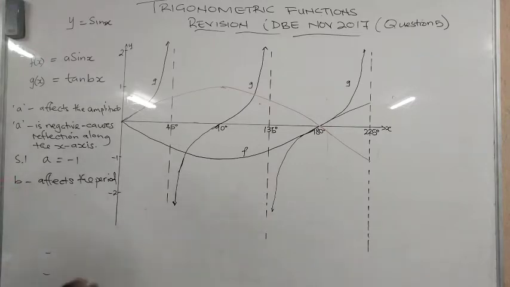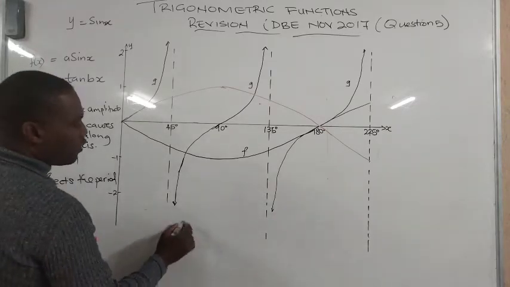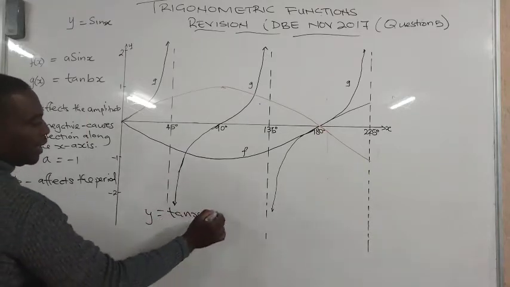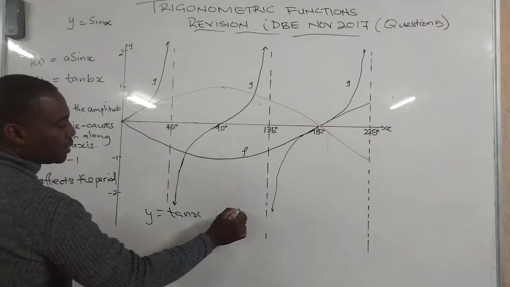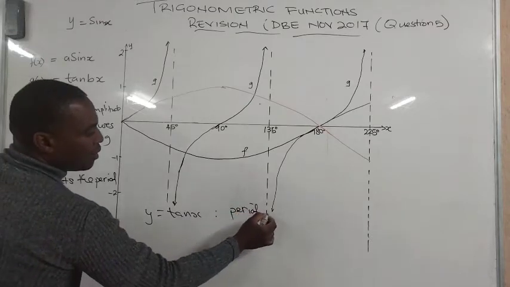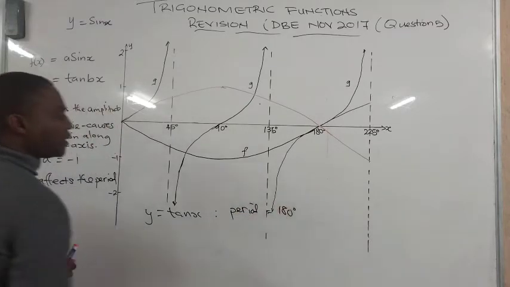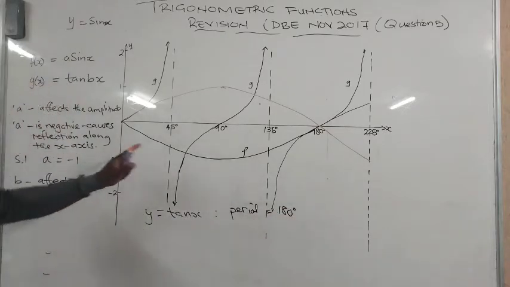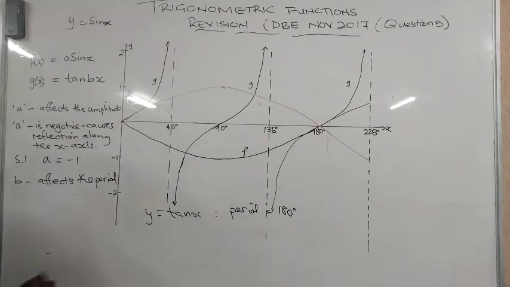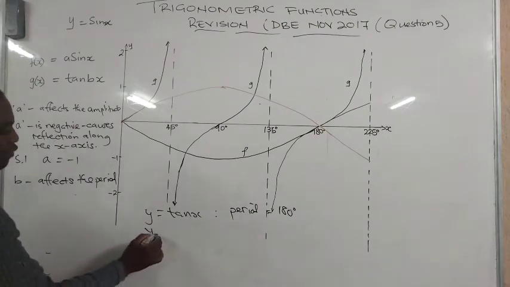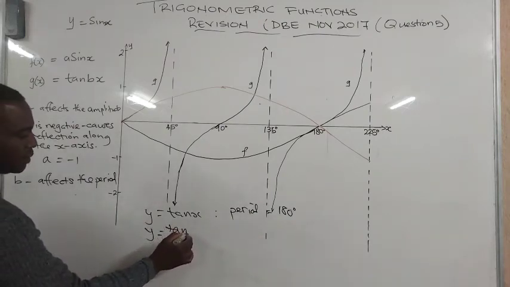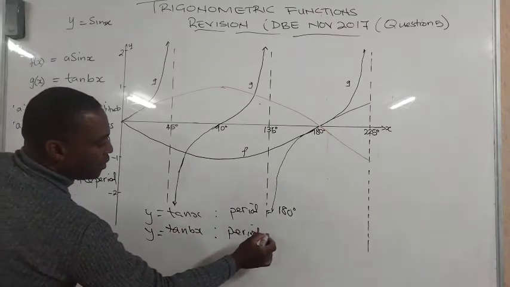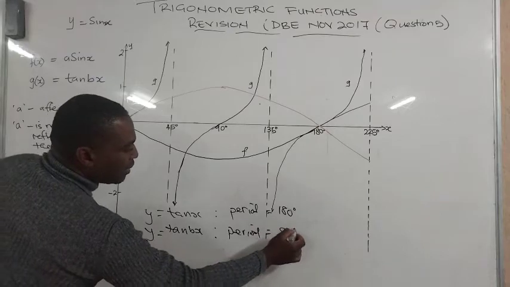So initially, we know the graph of y is equal to tan x has a period of 180 degrees. So what is it that has been done to this to get the period of 90? So we are now saying graph of y is equal to tan bx has a period which is equal to 90 degrees.